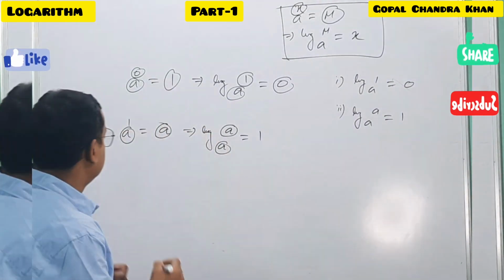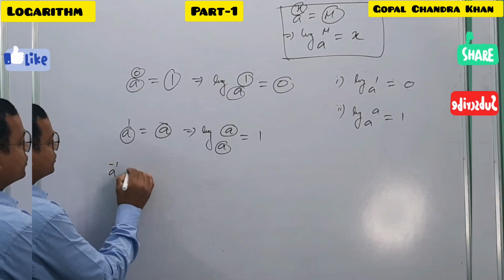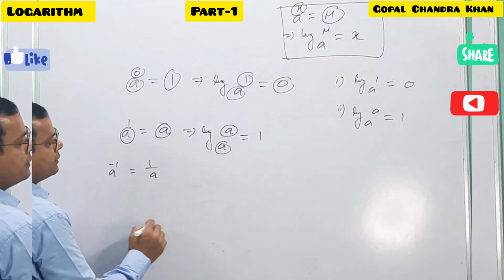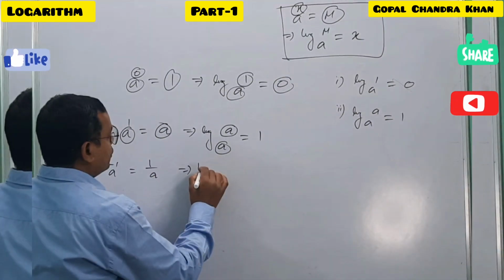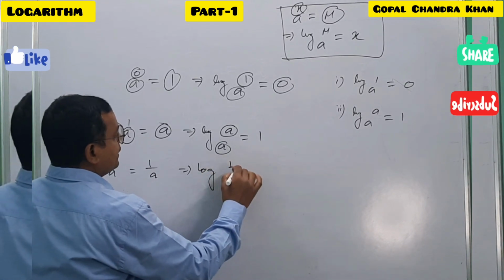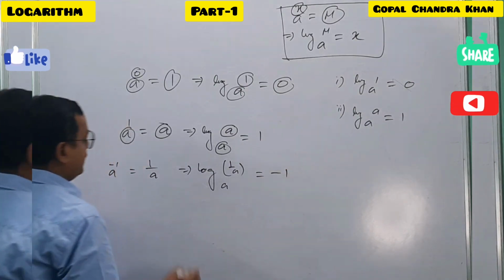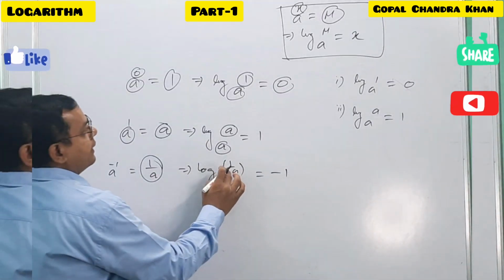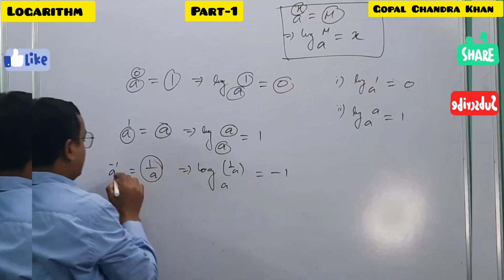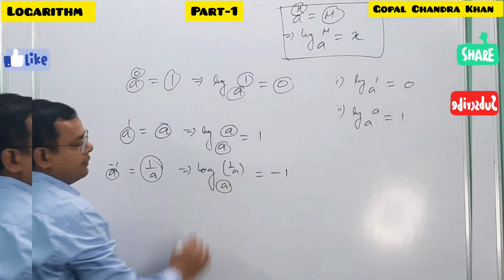Okay, now see, if I get a to the power minus 1, we are getting 1 by a. That time what will we get? Logarithm 1 by a base a equals minus 1. Here also this is coming as m, and this a is coming as the base.